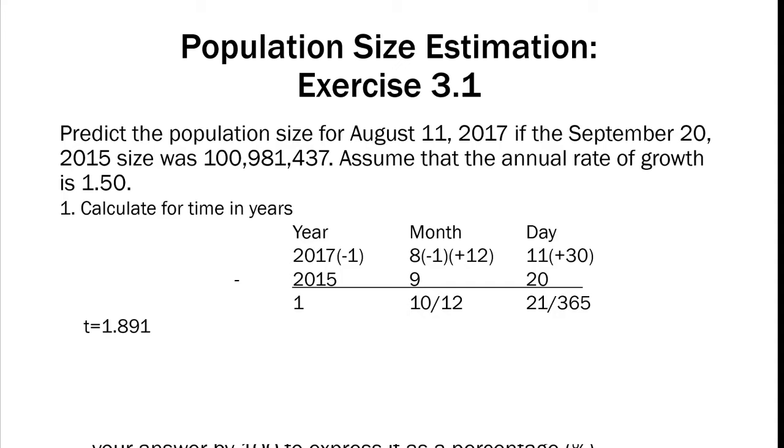So if you would be creating the table, you would notice that the day for the past population size as well as the month are actually larger, and that is going to present a little bit more difficulty. So what we do here, let's say for example in the case of days, is we borrow from the months. We borrow 1 month from the month in the future. So if you're to borrow 1 month and transfer it to days, that would mean that we are to add 30.